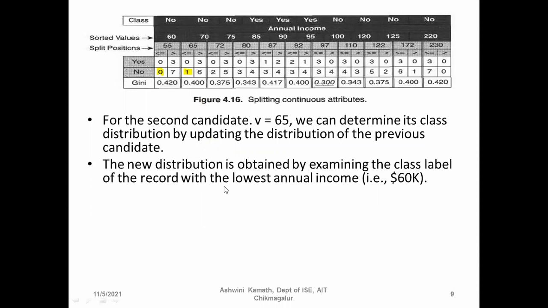The new distribution is obtained by examining the class label of the record with the lowest annual income, that is less than or equal to 65K.